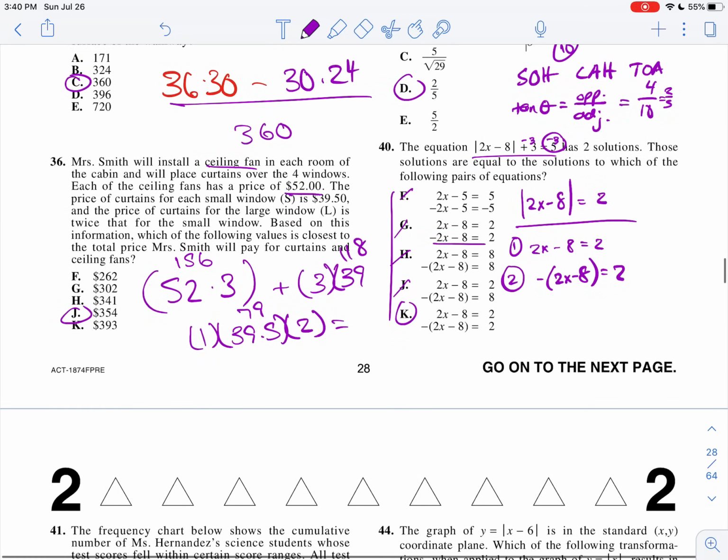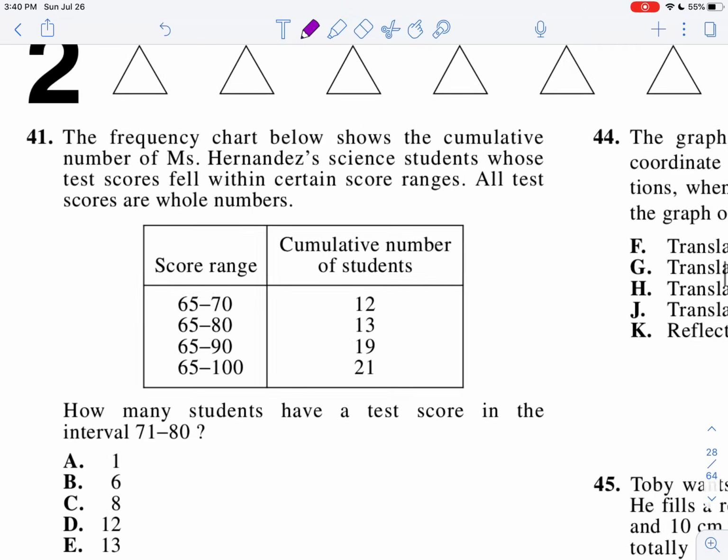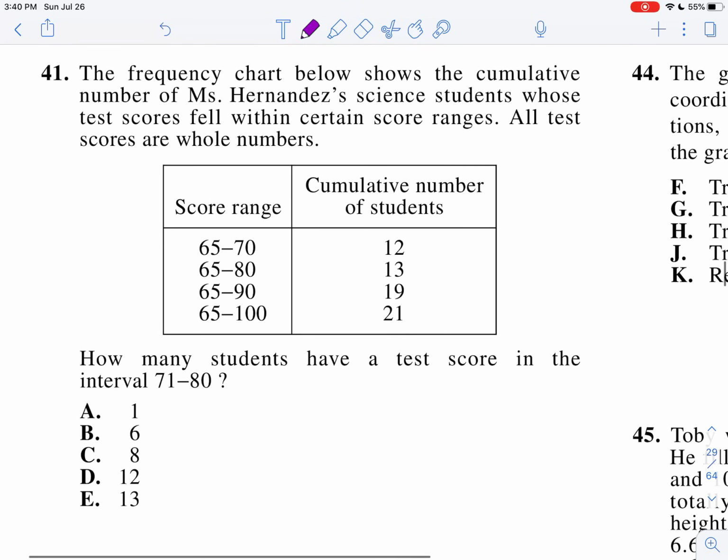And let me just double check. 40 is K. Yep. The frequency chart below shows the cumulative number of people whose scores fell in certain ranges. So how many people scored in 71 to 80? Obviously, we're not given 71 to 80. It gives you all relative to 65. So what we can do is basically look at when we change from 65 to 70 and we go up to 80, how many are we adding?